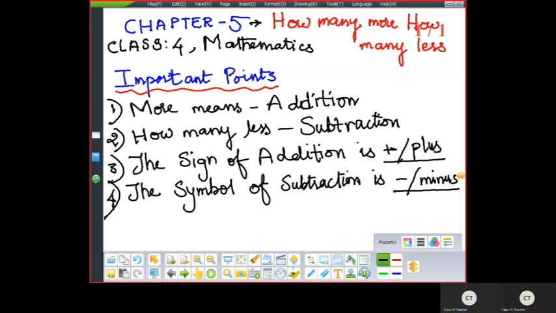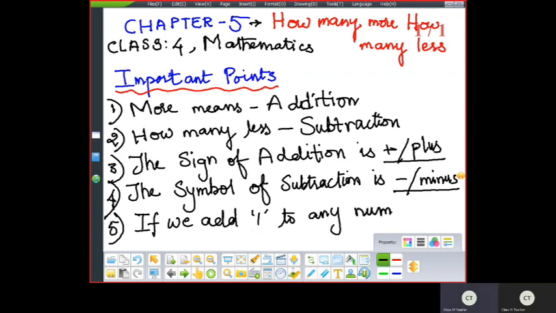Okay. The next one. If we add 1 to any number, we get what, children? If we add 1 to any number, we get what? The next number.